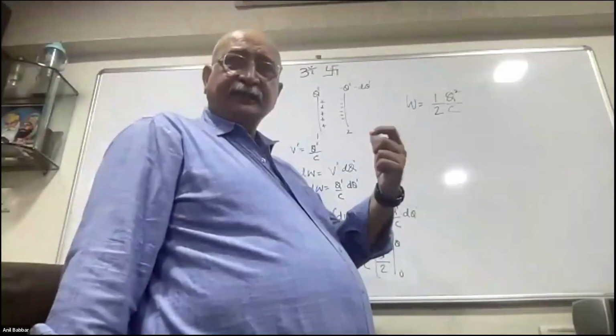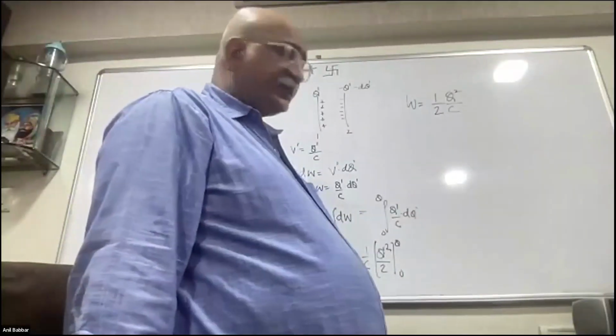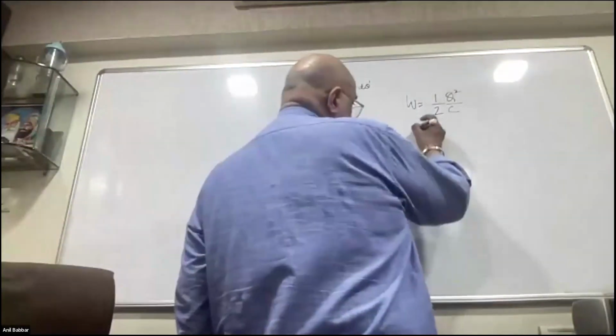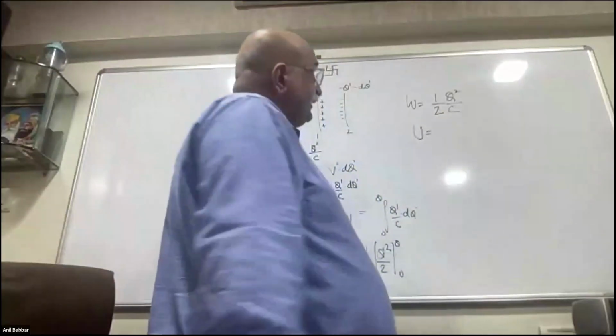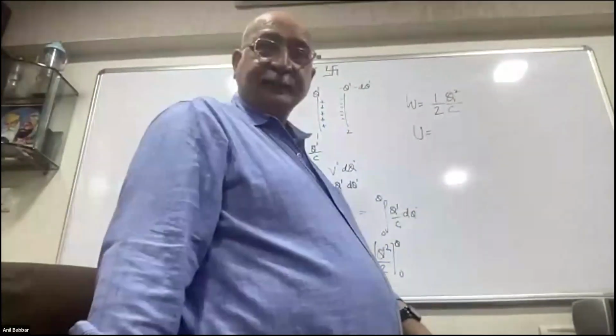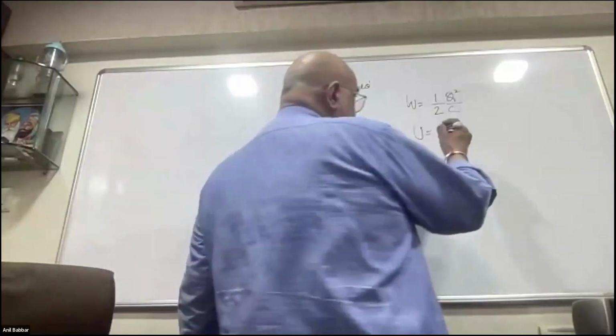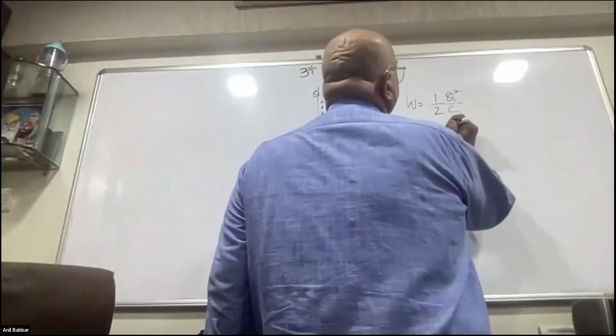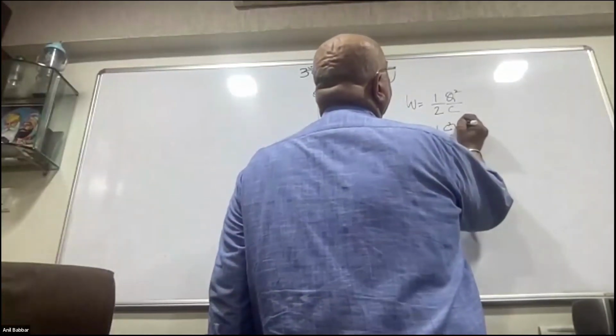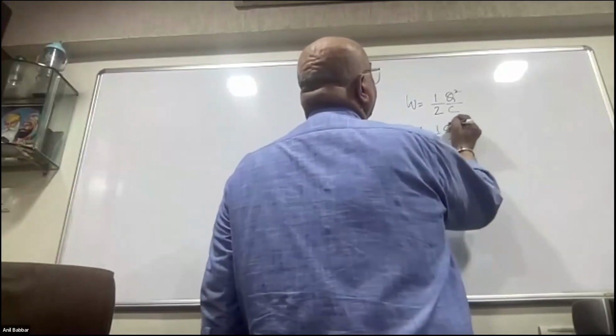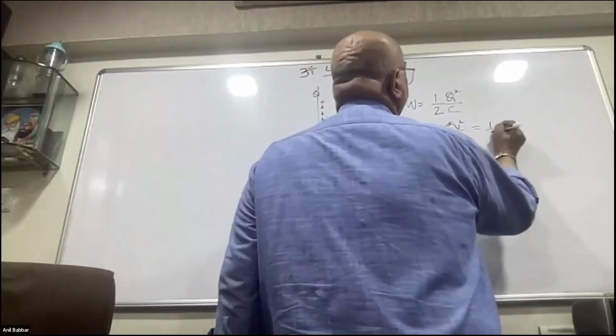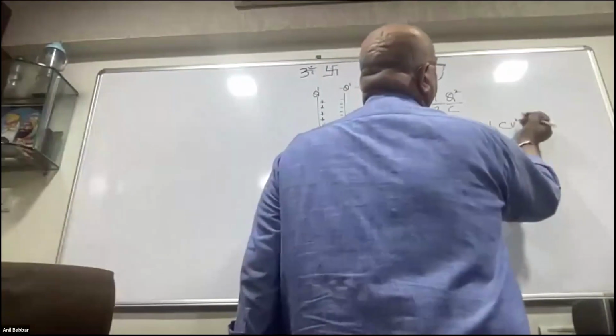And when it is stored in the form of electrical potential energy, we replace W by U. U is the electrical potential energy. Q is again CV, so we can write it as half C square V square upon C. C gets cancelled, so this is equal to half CV square.